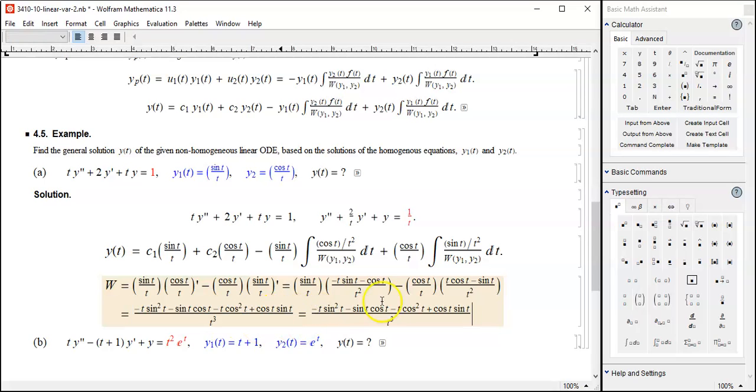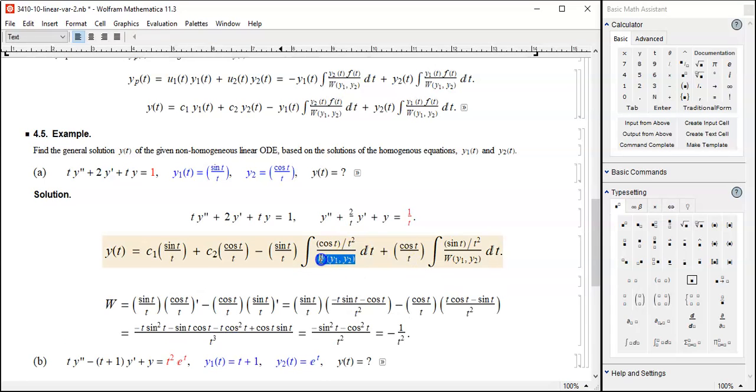So these two cancel out. And then this t cubed, they cancel out. And then sine squared plus cosine squared is 1. So this is negative 1 over t squared. Okay, therefore the denominator here is negative 1 over t squared.